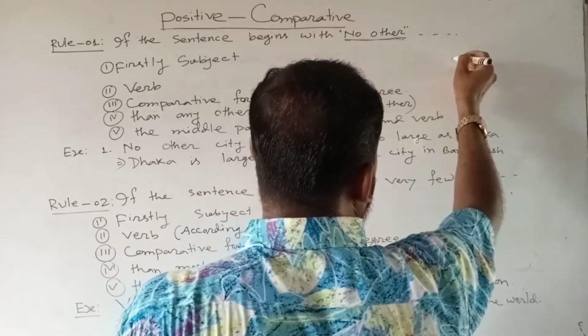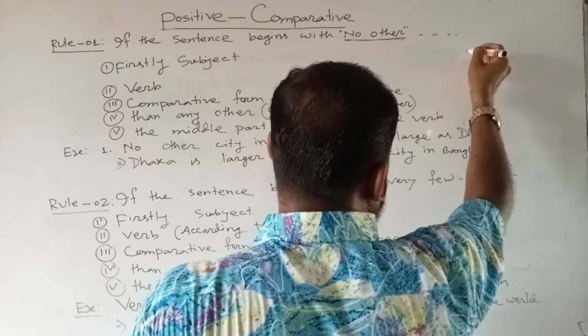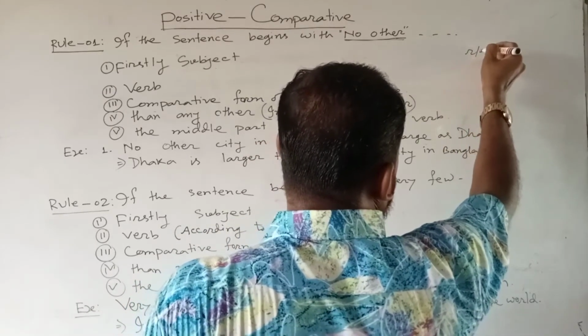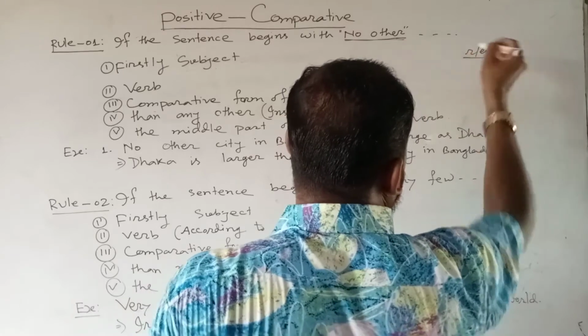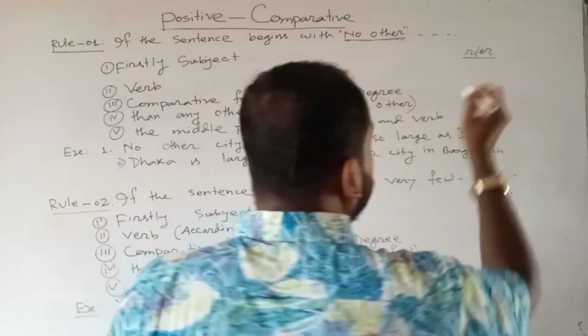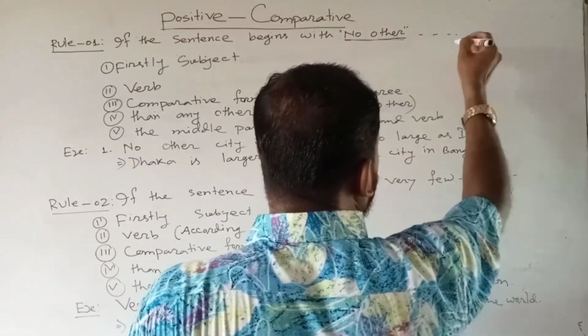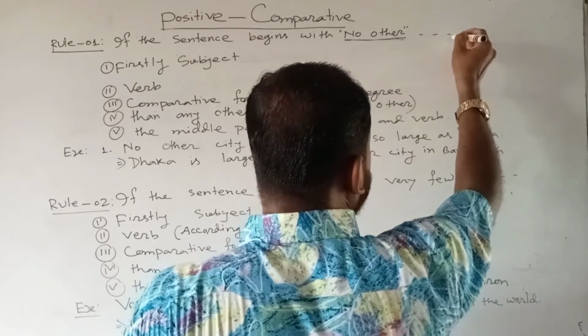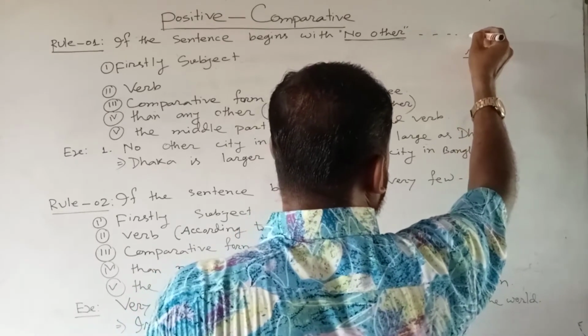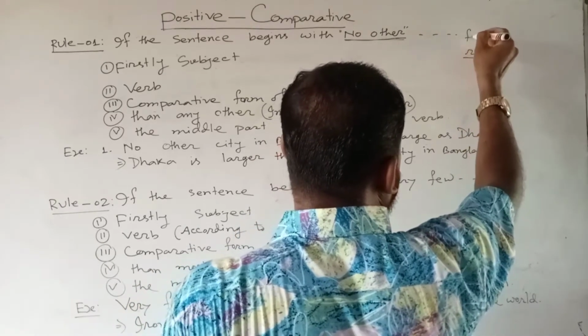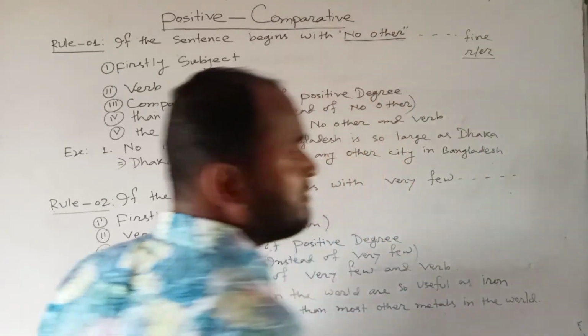Mostly, as the common rule, we put r or er at the end of the adjective.